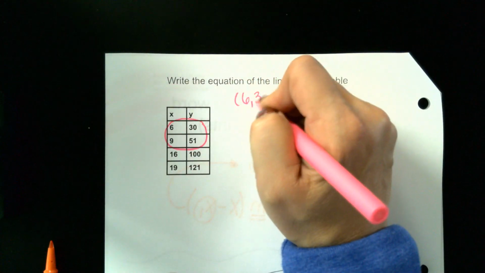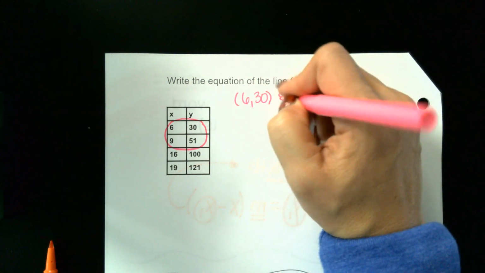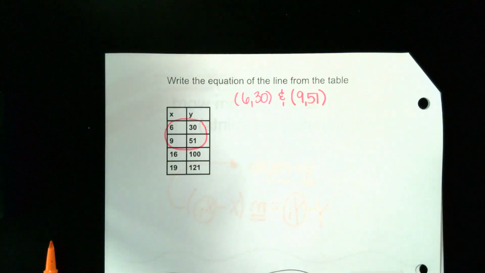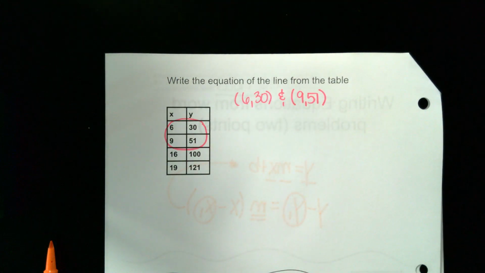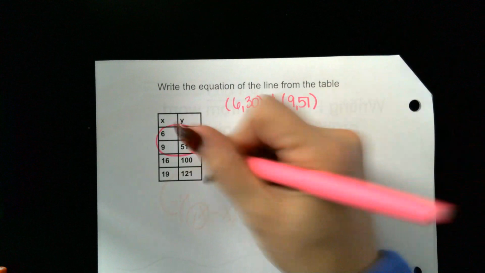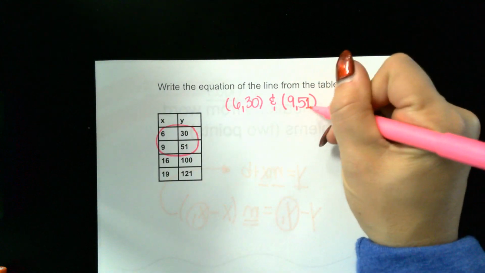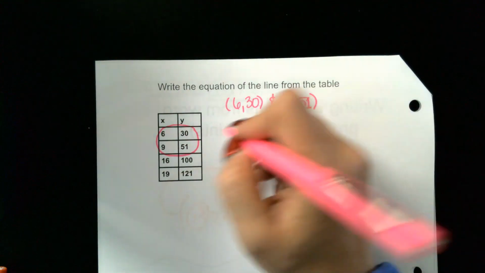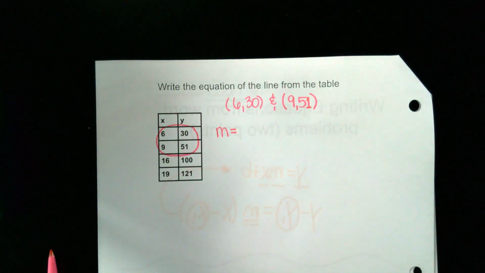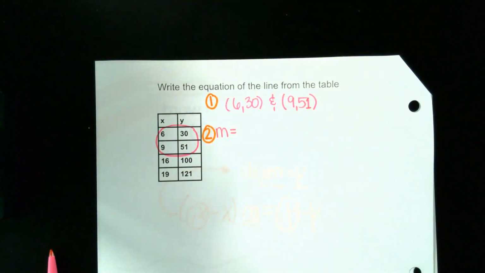So 6, 30 and 9, 51. So finding slope: picking our ordered pairs is step 1, finding slope is step 2.